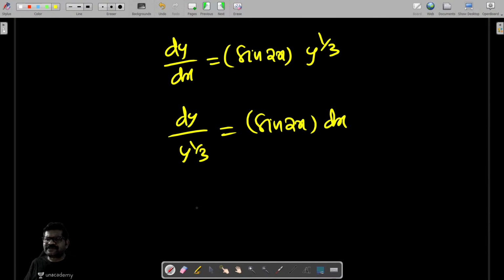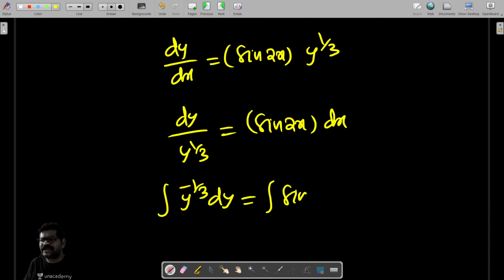That can be written as integral y power minus 1 by 3 dy equal to integral sin 2x dx.